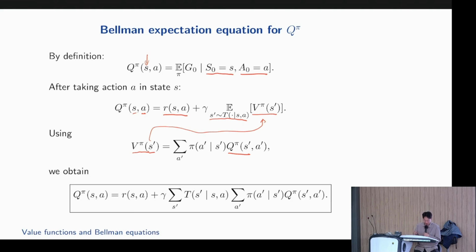So the Bellman equation says the action value starting in S, executing A, is the immediate reward plus discount times the expectation over the next state, and the expectation over the next action, of the Q value lookup of the next state and next action.